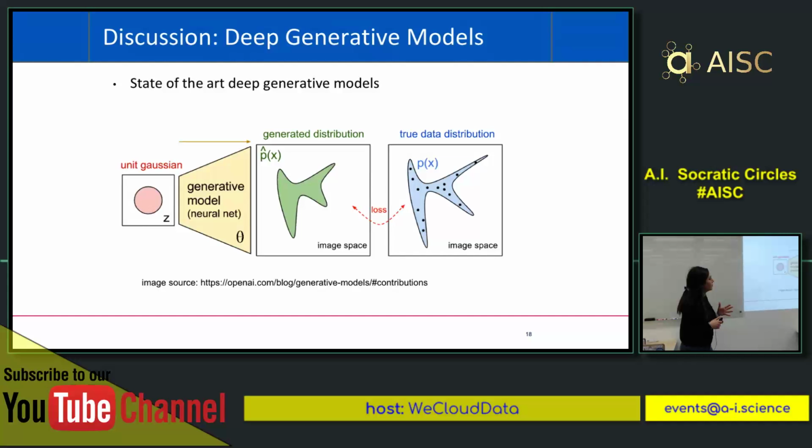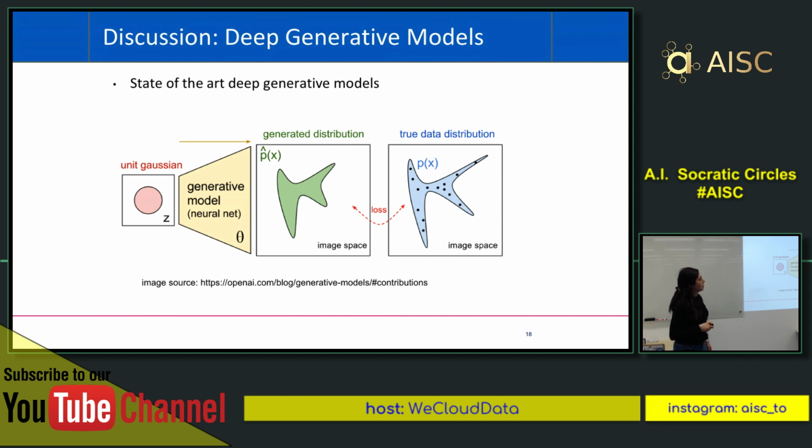So this is one of the hot topics these days, deep generative models. Let's revisit what we covered in the first few slides: we have some observations, and these observations are samples from a true distribution that I have no idea what it is, but I want to find it.